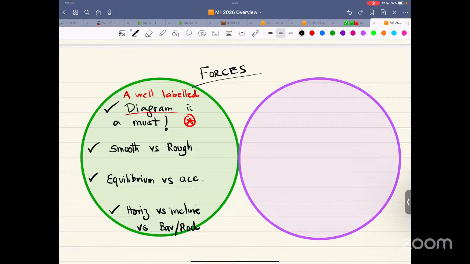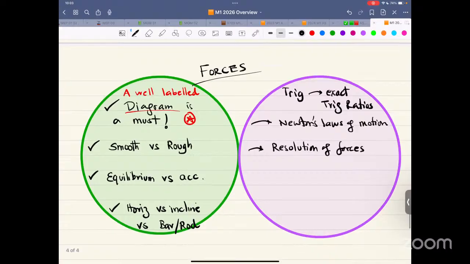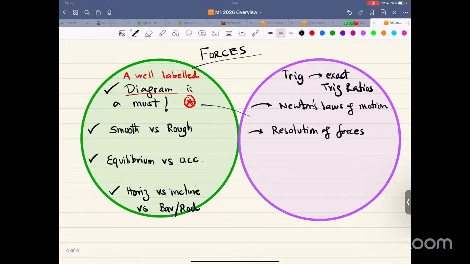Over here, trigonometry, exact trig ratios are very, very important. And sometimes it's also asking about Newton's laws of motion. That thing also will be coming up. And of course, the most important thing, it's about resolution of forces. Unless and until this thing is correct, don't expect any miracles to occur. So these are some of the main things that you will commonly see.